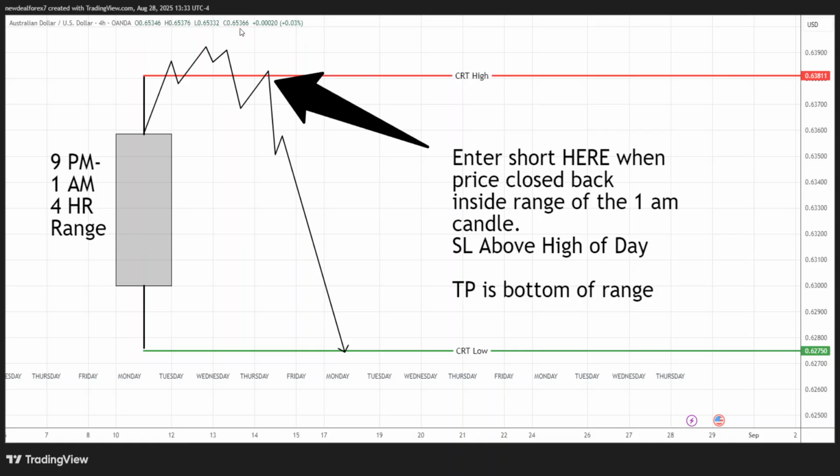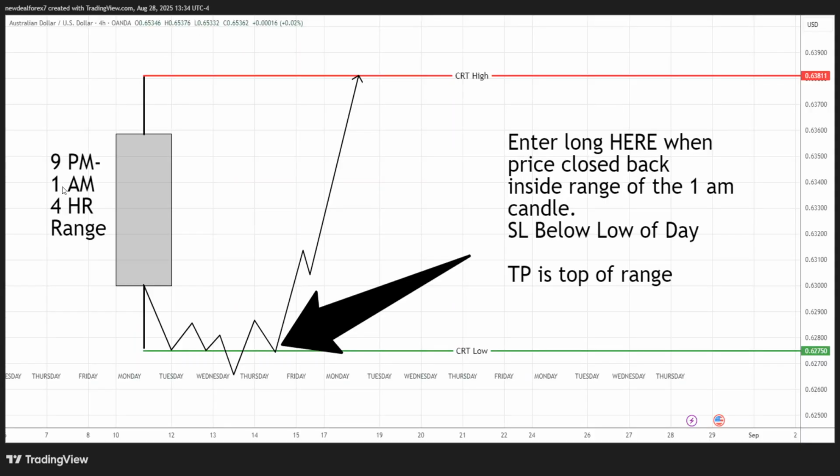For the long side, if you're looking at the 9 p.m. to 1 a.m. candle 4-hour range, again, you want to see price starting at 5 go below the low of this candle and close back inside of it. It only has 4 hours to do this, and then your take profit is just the other side of the range. That's all you're looking for.